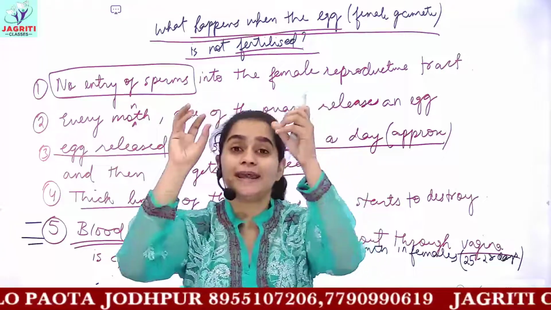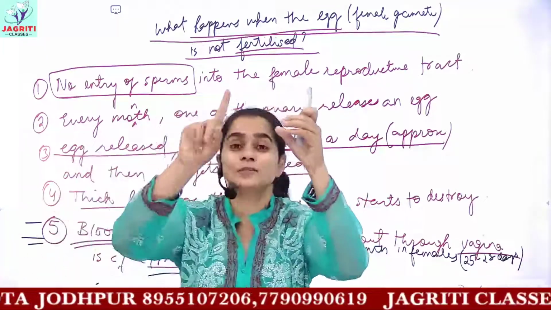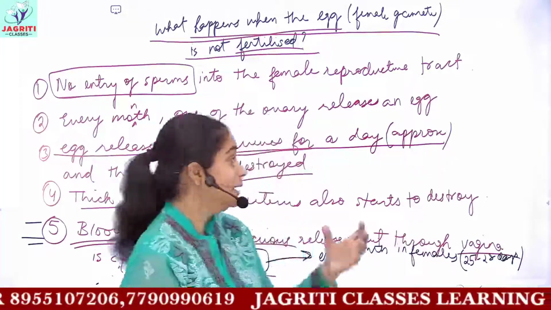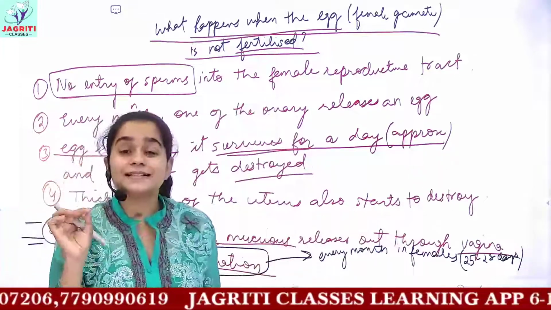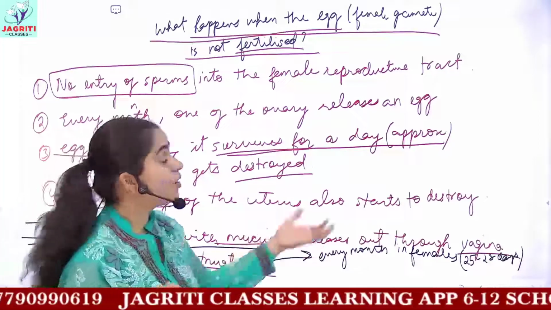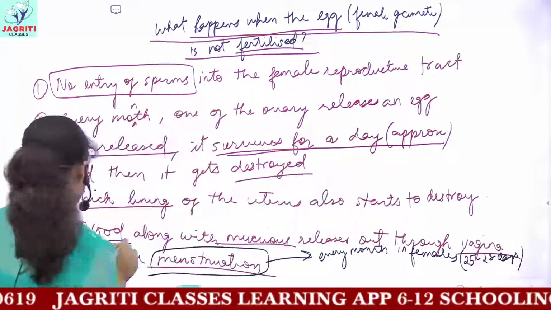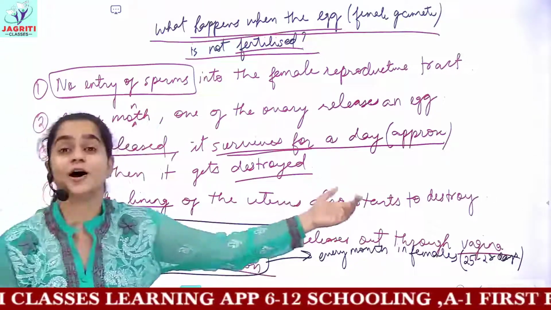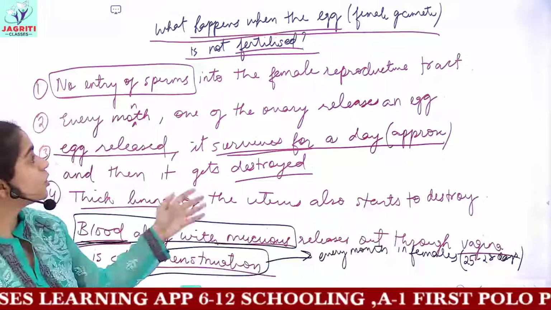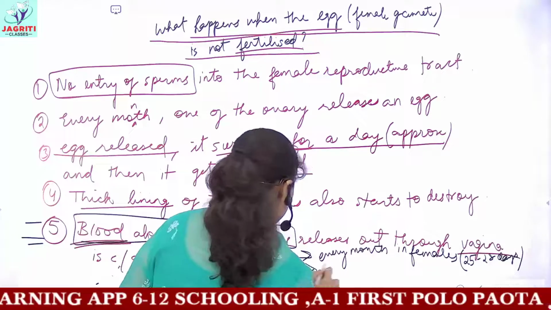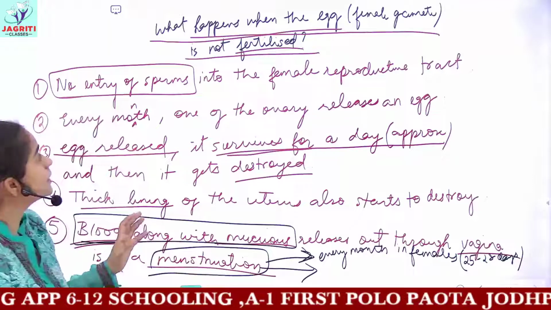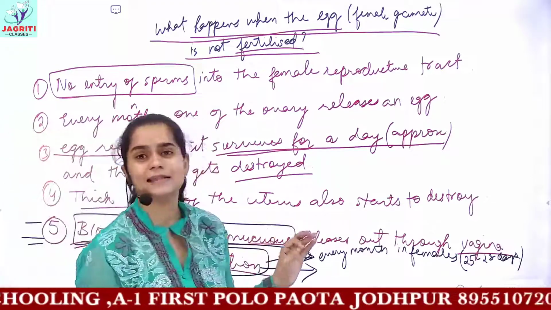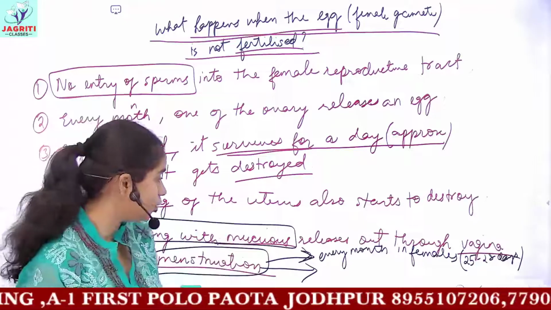If this mature egg fuses with the sperm, then fertilization would occur and zygote, embryo, fetus would be formed. But if this egg released by the ovary does not encounter sperm, then it would flow out with the uterus lining, that is with the blood along with the mucus outside the vagina. So this was the process. Okay. Now such a process is present in vertebrates, but you do not have any process like this in invertebrates. It is not very common.